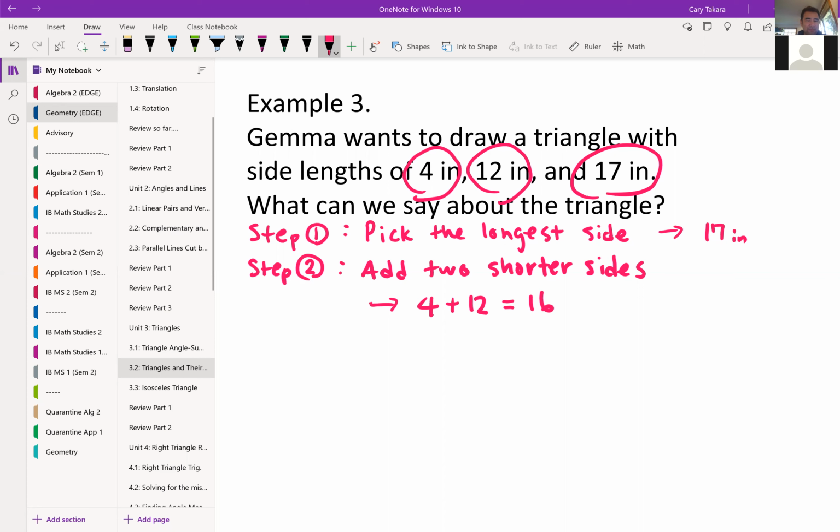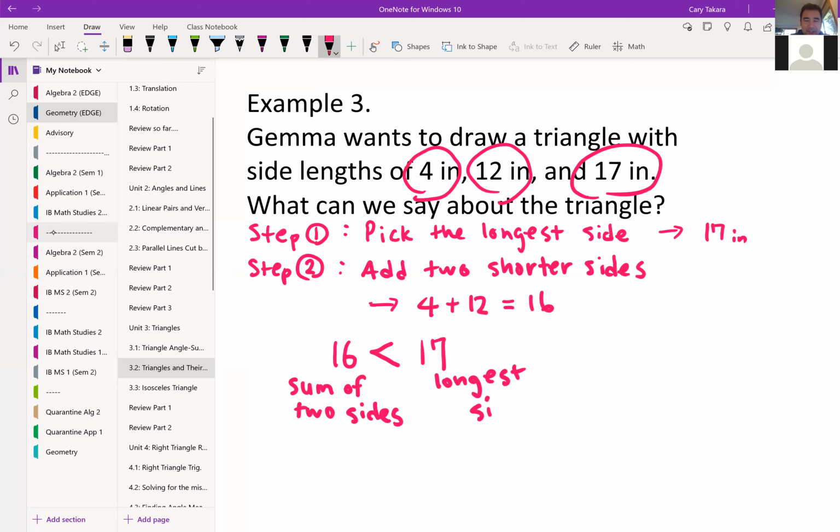Now, in this case, 16 is less than 17, isn't it? The sum of the 2 sides is less than the longest side.